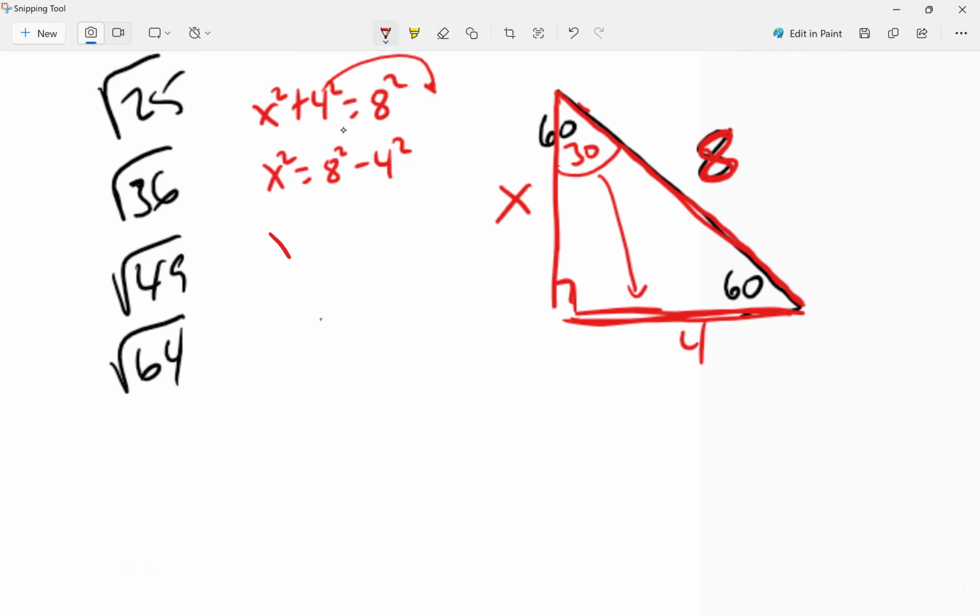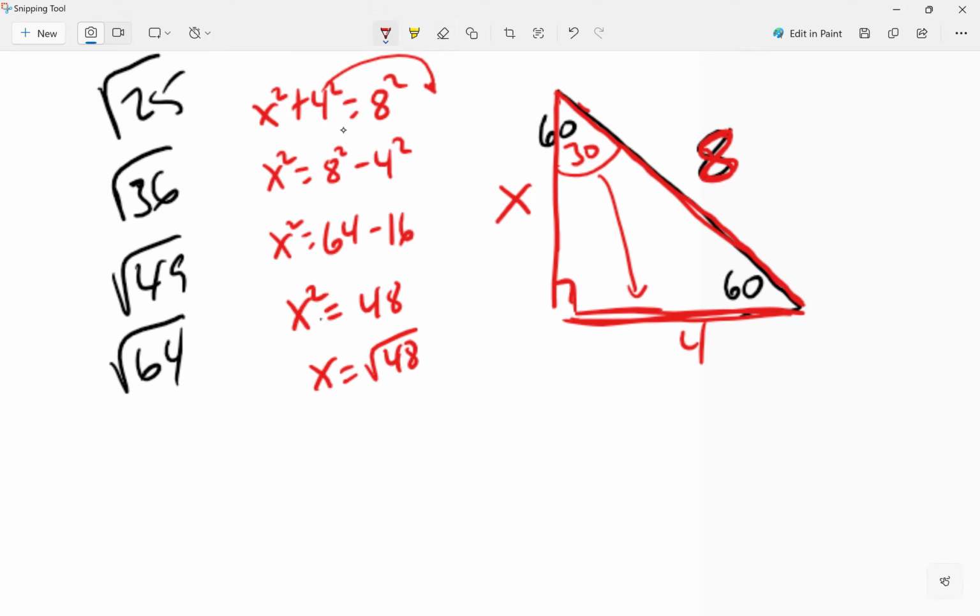So x squared is equal to 64 minus 16. What's 64 minus 16? According to my calculator, that's 48. x squared is equal to 48. So that means x is the square root of 48.